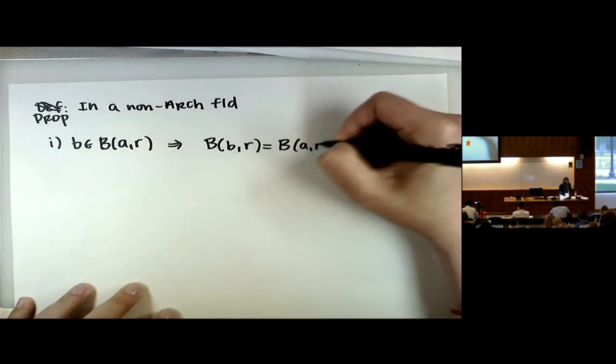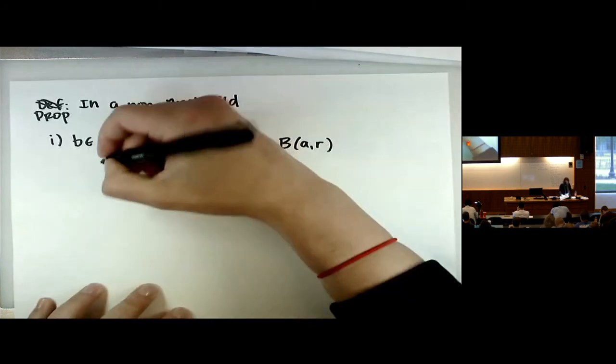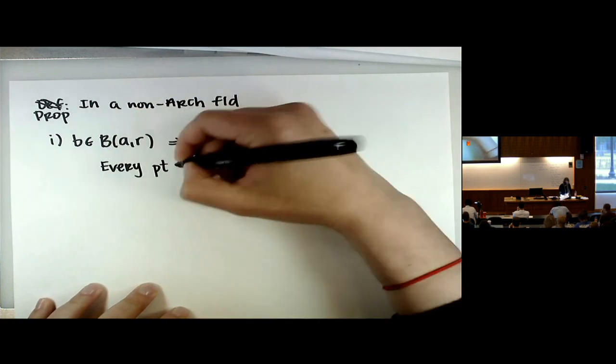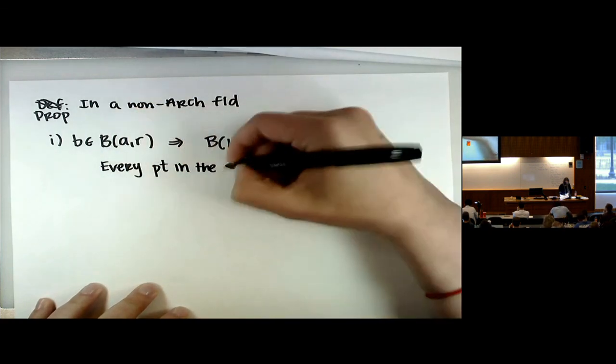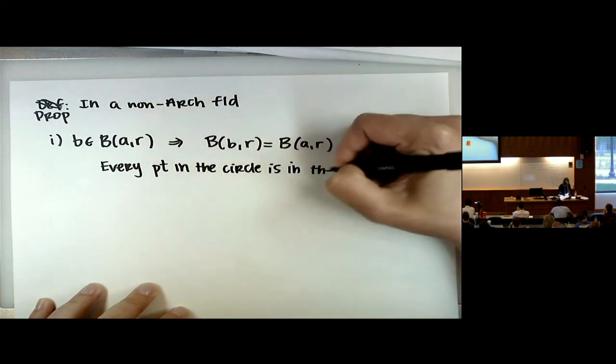That is just the same ball. So every point is the center. Every point in the circle is the center of the circle.